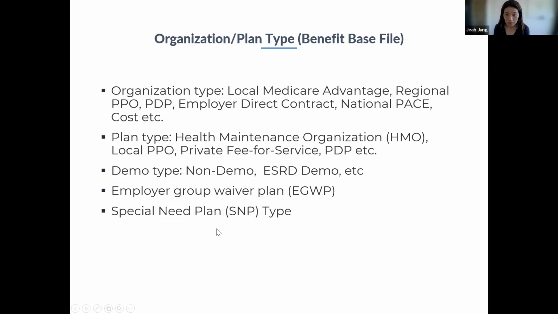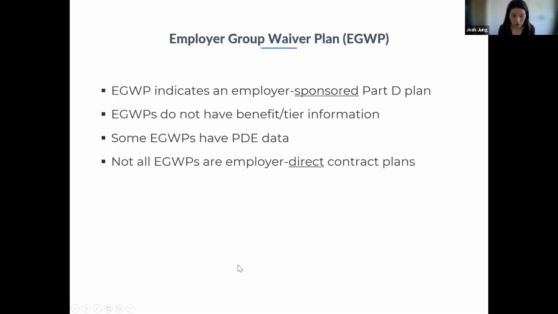So let's look at what this EGWIP is. There was some question in the morning. I learned from this workshop that this is called employer group waiver plan, usually called EGWIPs. So EGWIPs indicate employer sponsored Part D plans.